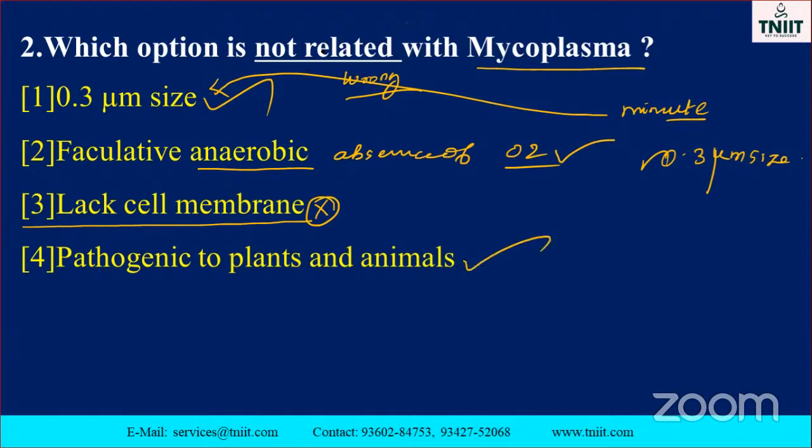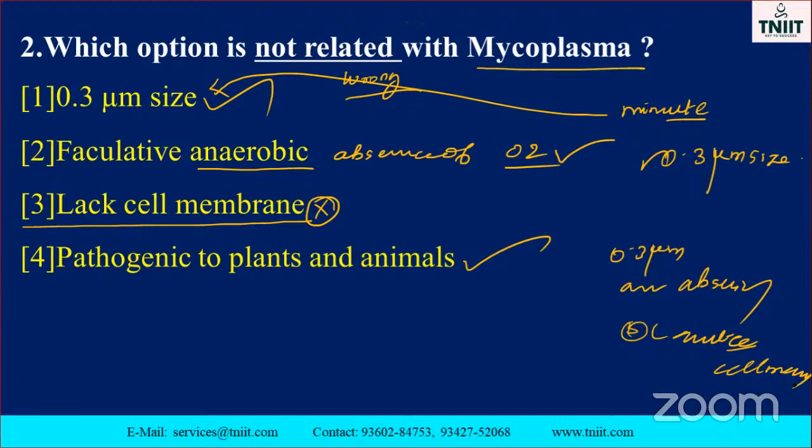Here they asked which one is not related to mycoplasma, because mycoplasma is a prokaryote. The size should be 0.3 micrometer, and facultative anaerobic means absence of oxygen. That is very, very important. The third one is lack of cell wall, not cell membrane.